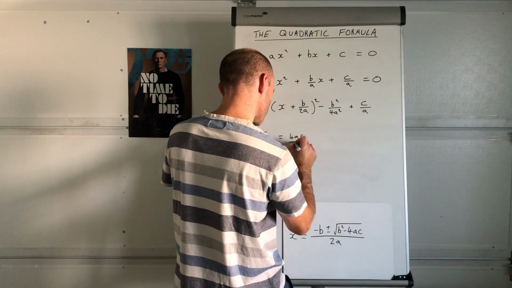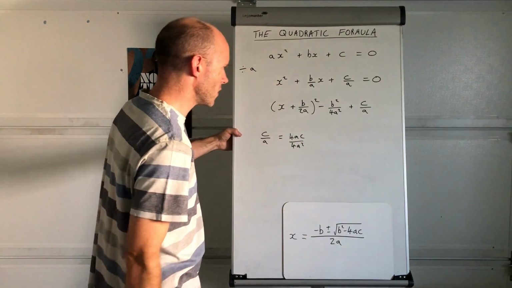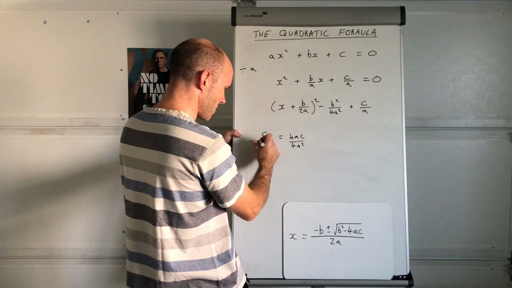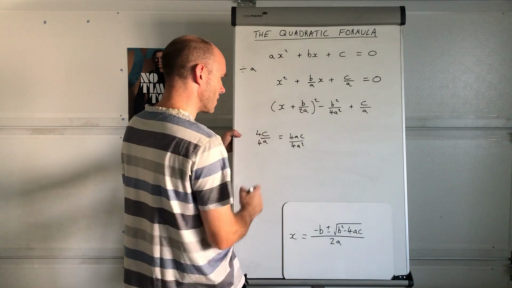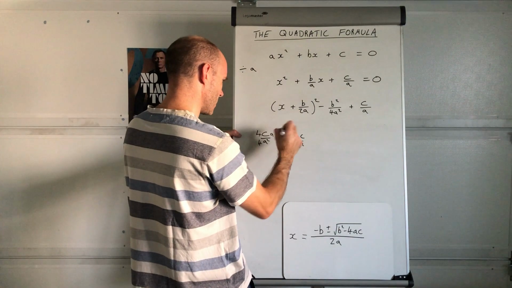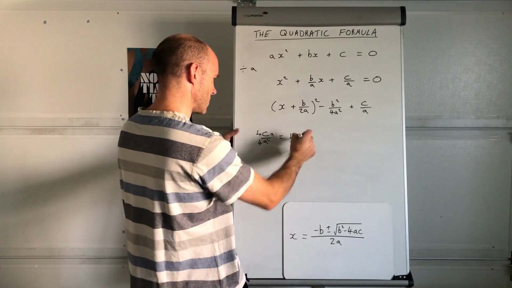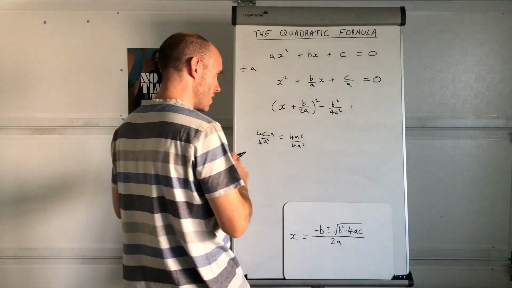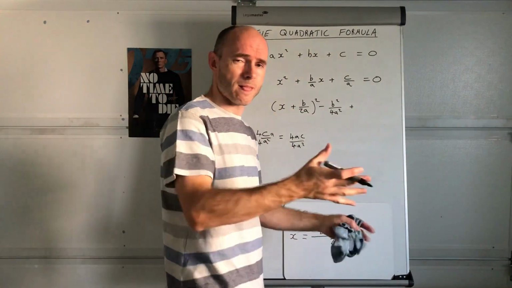Does that make sense? If I've got c over a and I want 4a squared on the bottom, I times it by 4, and then multiply top and bottom by a, so put that squared there. I've just written that in alphabetical order, so 4ac over 4a squared.